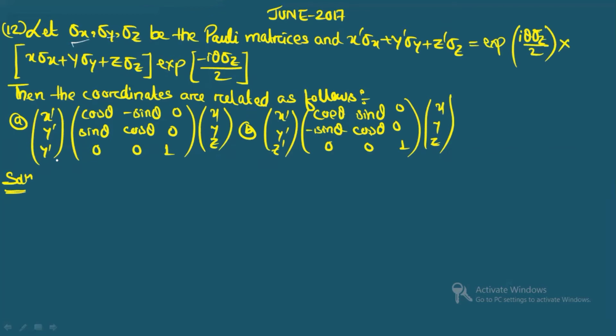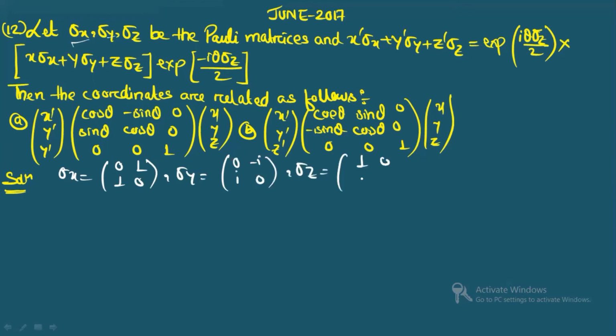In matrix form we will write. You know sigma x is equal to [0, 1; 1, 0]. Sigma y is equal to [0, minus I; I, 0]. And sigma z is equal to [1, 0; 0, minus 1]. Right? So first of all, we will find this x sigma x plus y sigma y plus z sigma z.